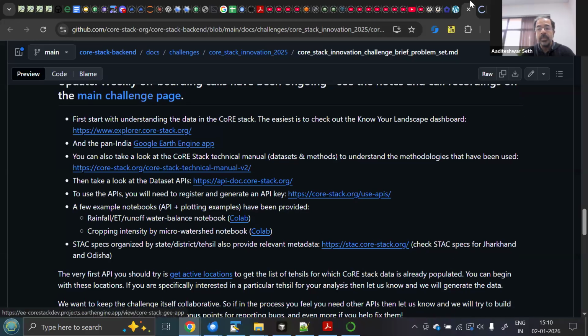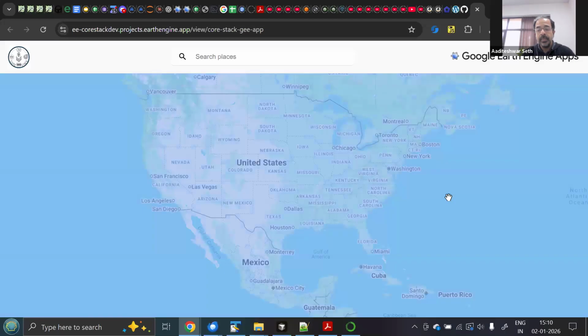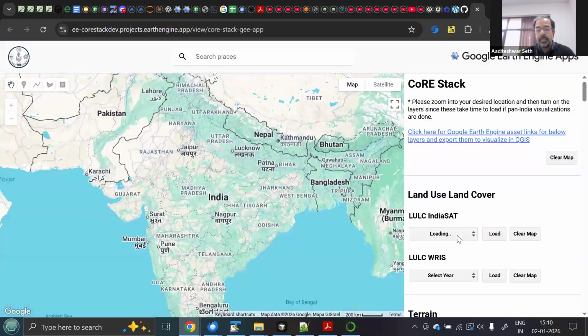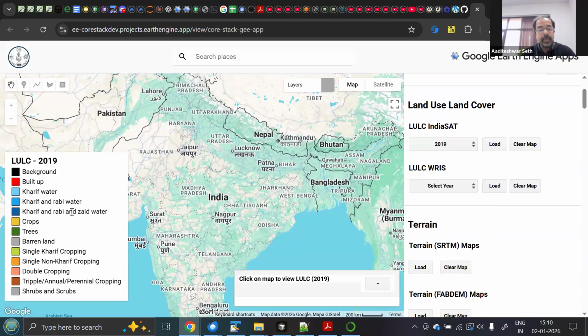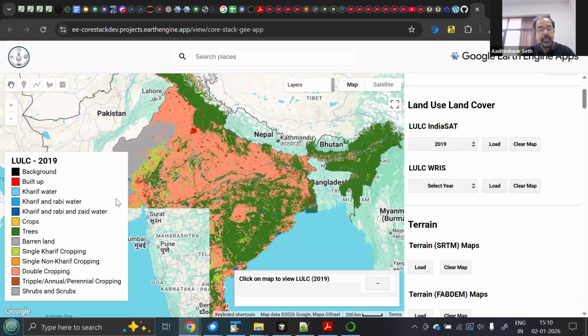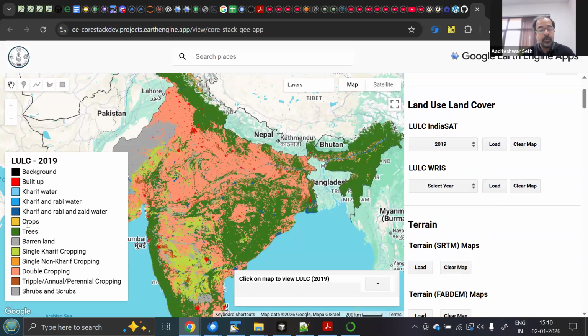If you go to this Earth Engine application, it lists all of these underlying datasets: a pan-India land use land cover, showing which pixels are built up or underwater or under different crops and so on.